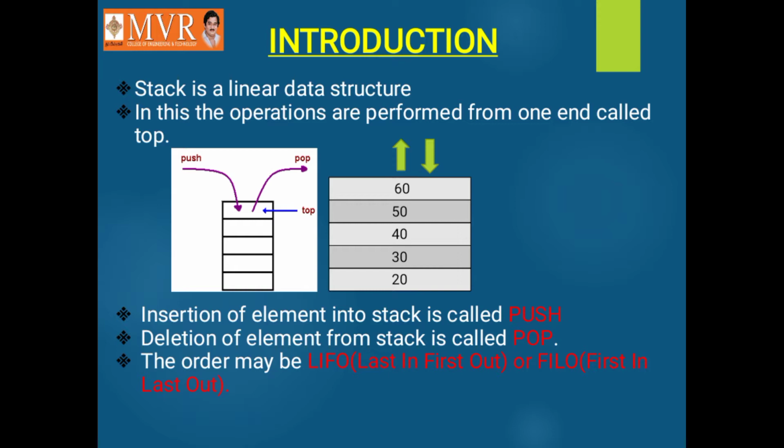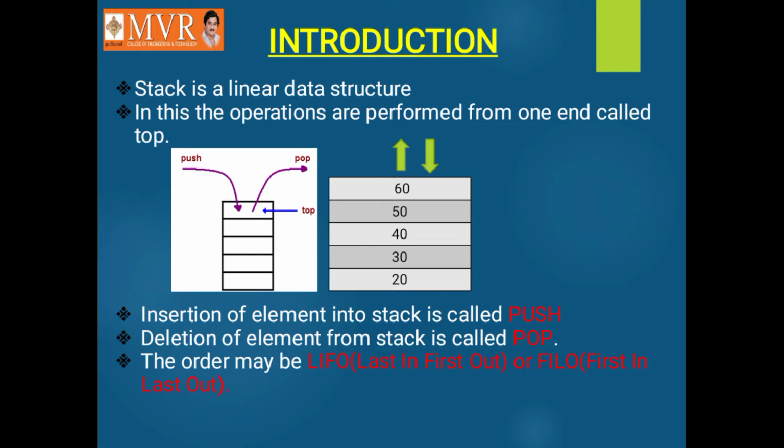A stack is a linear data structure. Till now we have seen many linear data structures, that is arrays and linked lists, and this is another linear data structure that stores the elements in a sequential order. Linear means nothing but storing all the elements in a sequential order.